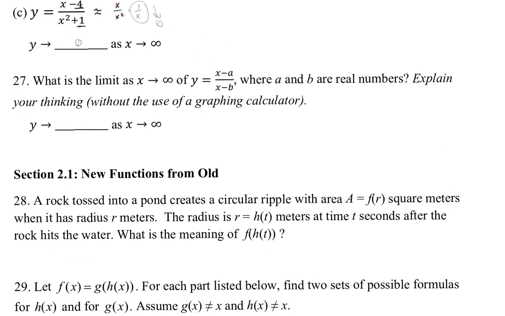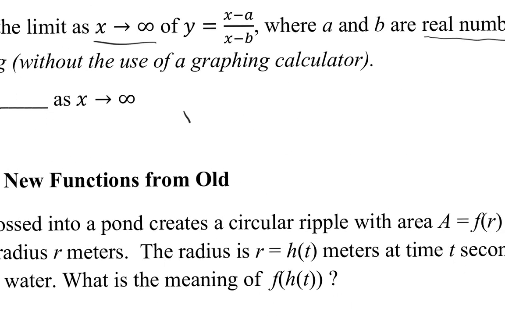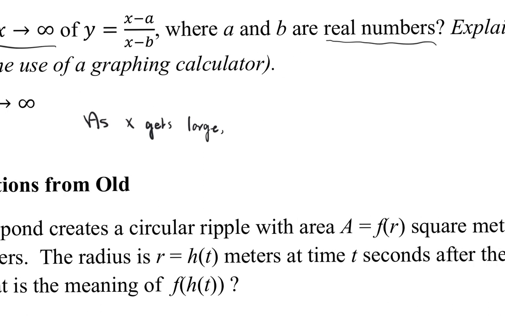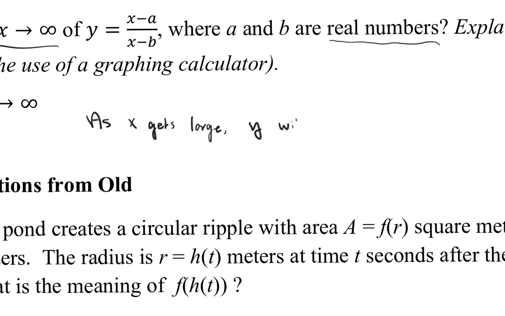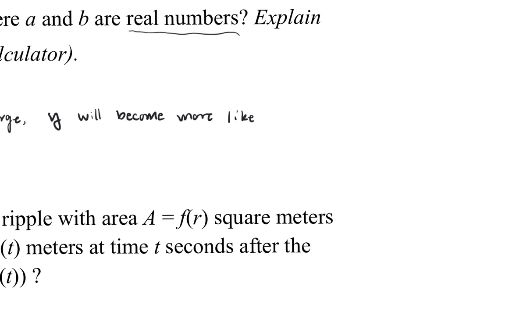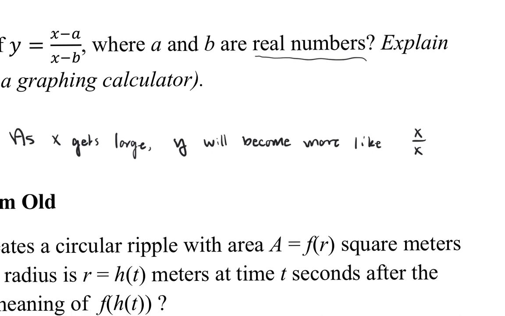Now on 27, we have a pretty similar question. What is the limit as x approaches infinity of x minus a over x minus b, where a and b are real numbers? We need to explain our thinking without a graphing calculator. Similar to what I did here, as x gets large, our function y will become more like x over x, because as x gets really big, subtracting a and subtracting b matters less and less.